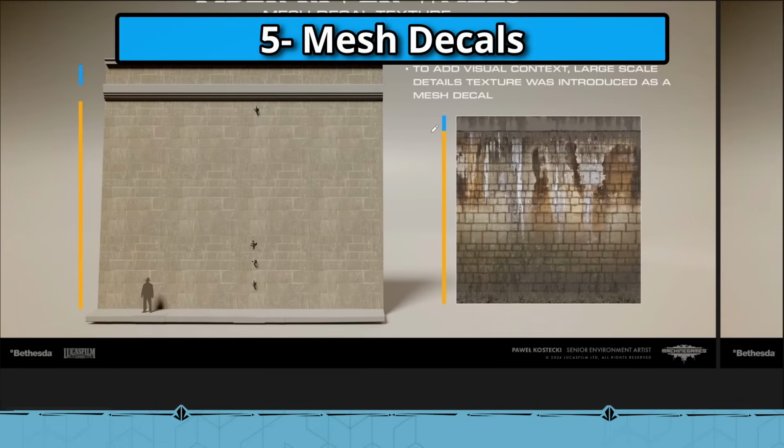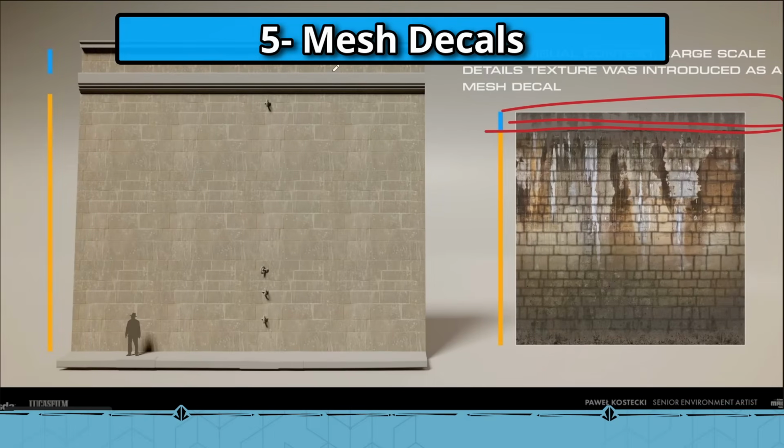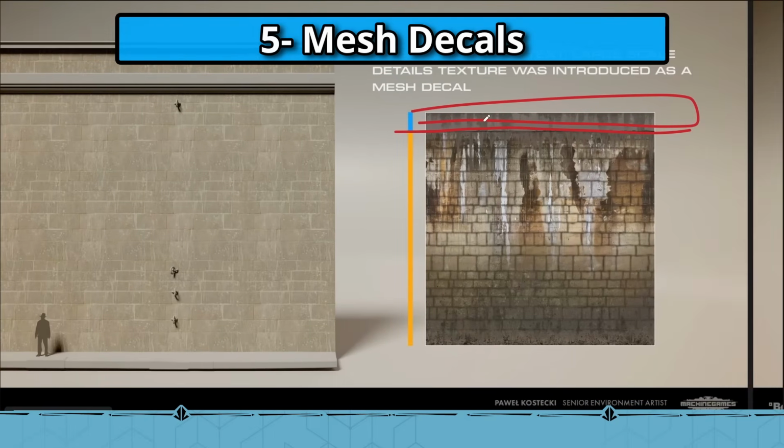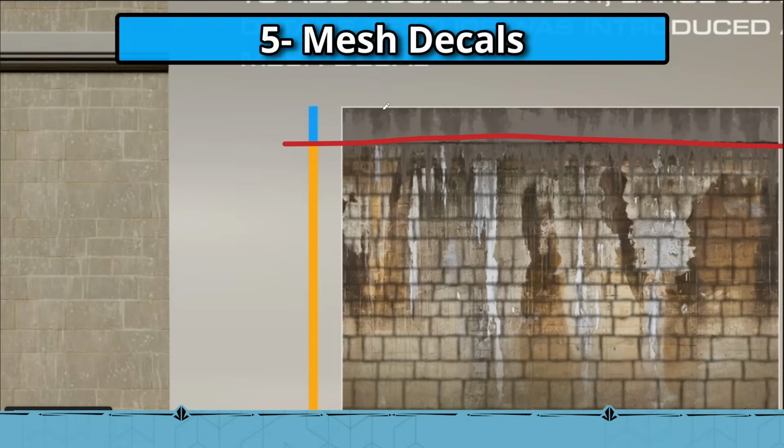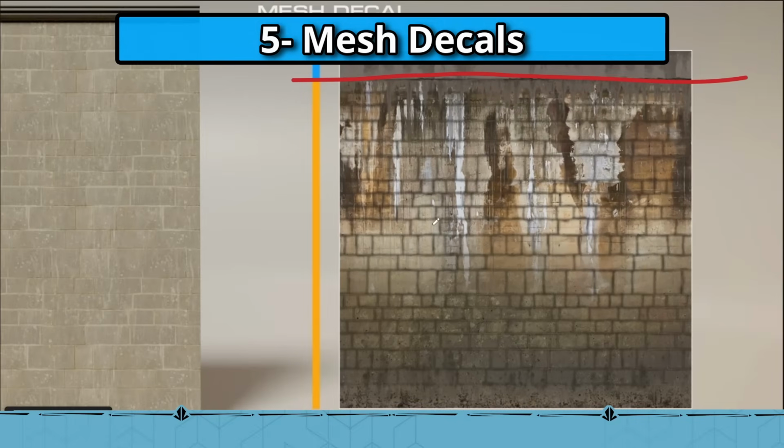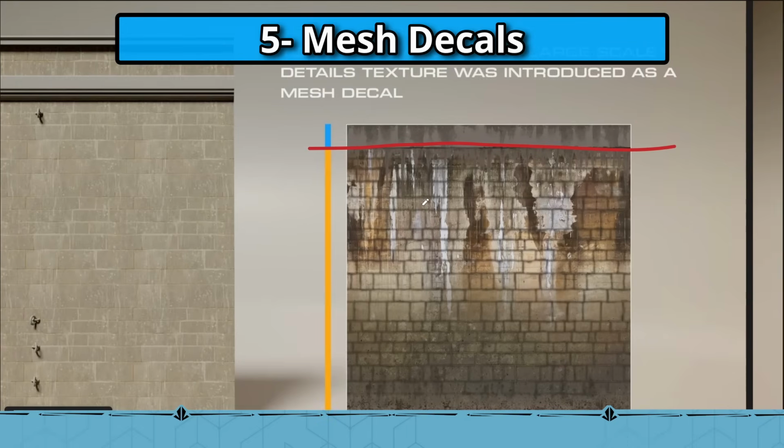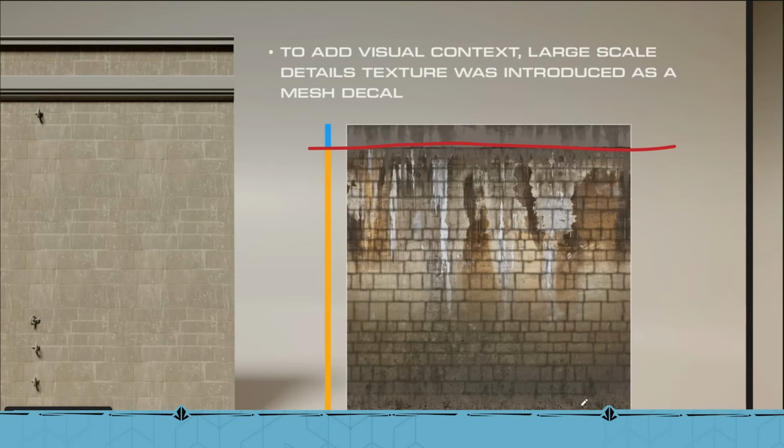You have the 12 meters up until here, and an extra piece here, but since it's using the same tileable material, it is included. Underneath you see the brick pattern, the bricks themselves, but you see a lot of decals added onto it.